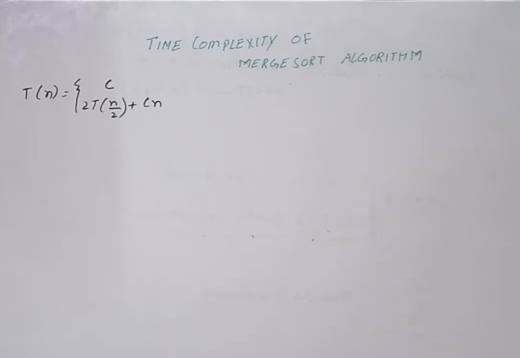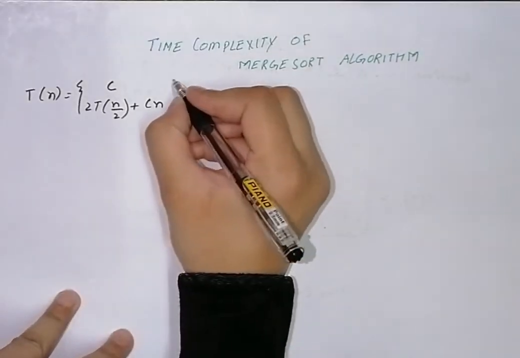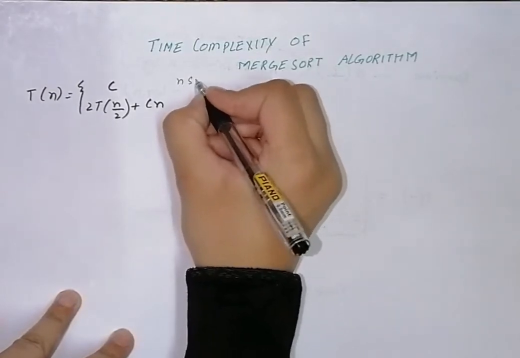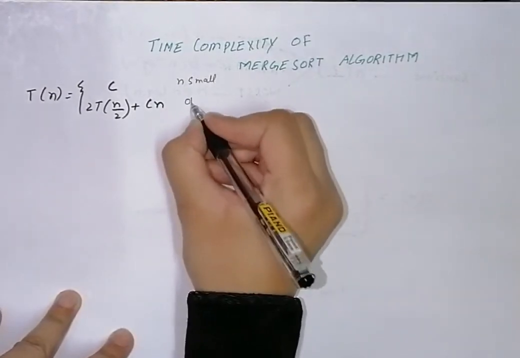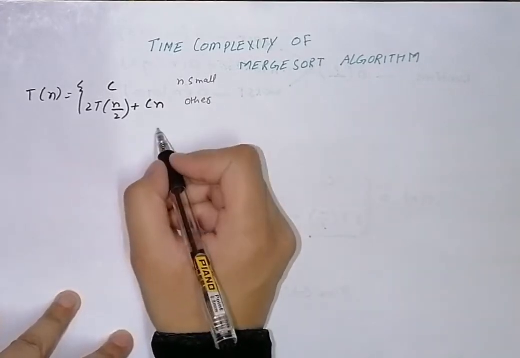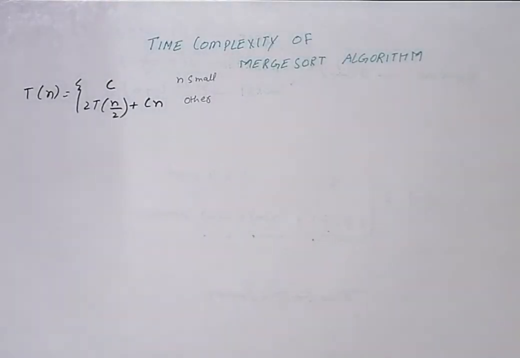So if n is small, the time is c; otherwise it follows this recursive equation.